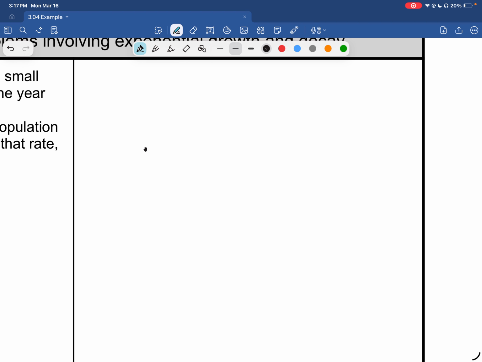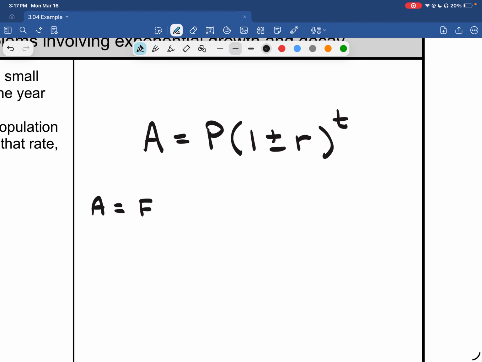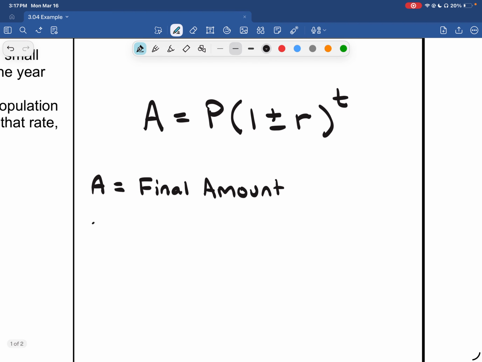First off, I'm going to go ahead and write out the formula. A equals P times 1 plus or minus R to the T power. And then it'd be a good idea to define each of those values. So A stands for your final amount, the amount after however many years, days, months, or whatever has passed. P stands for your initial or starting amount. So it's your starting value.